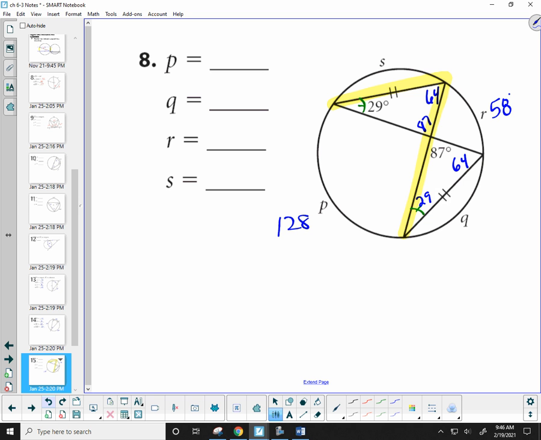So I took 360, subtracted my 128, subtracted 58, and I came up with 174. Now I can take 174 and divide that by 2, and that's how I got 87 for both S and Q.